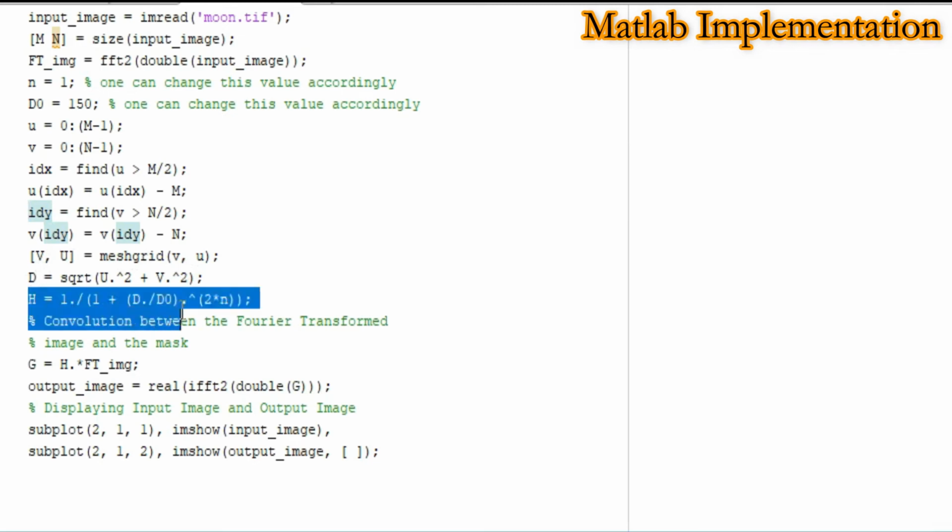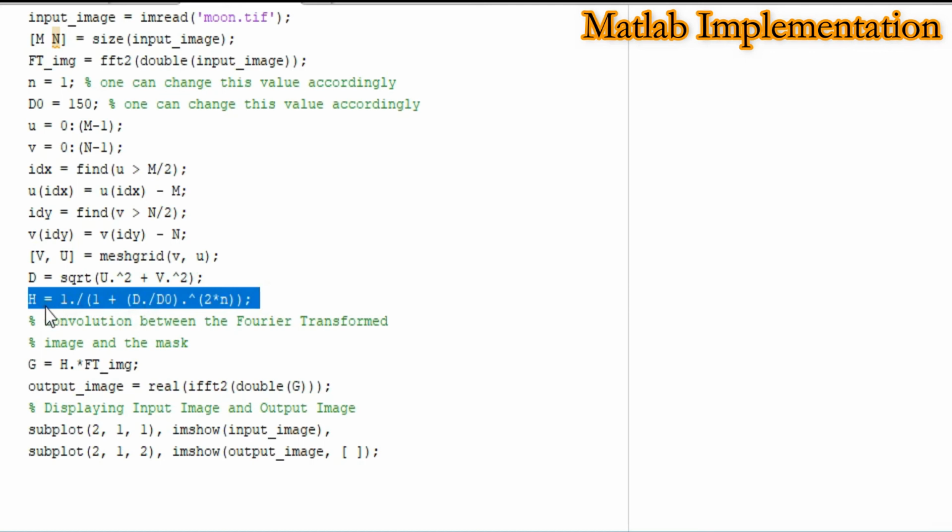After that we calculate the filter function, that is H. We know the formula for H: H of u comma v is equal to 1 divided by 1 plus (D of u comma v divided by D naught) to the power of 2n. So here we calculate the H function.